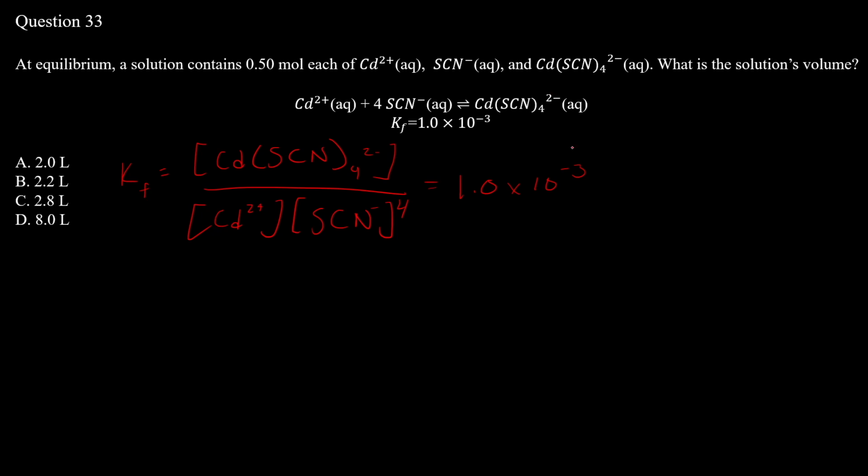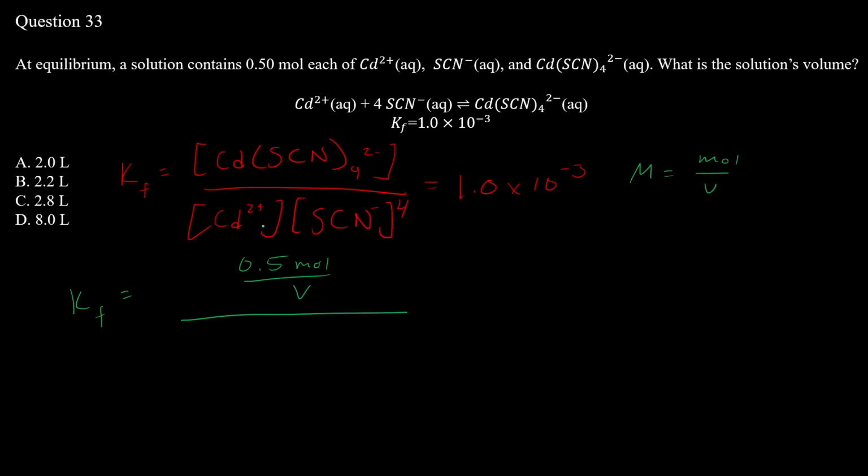The way we're going to do this is using the fact that your molarity or your concentration, your M, is equal to moles over volume. So we can rewrite our Kf. We can say Kf is equal to how many moles of cadmium tetrathiocyanate do we have? We have 0.5 moles, and then that's over the volume that we're trying to find.